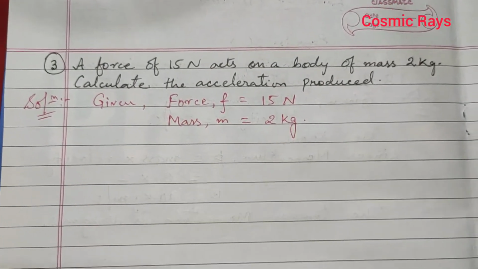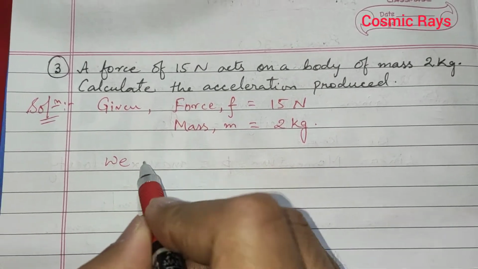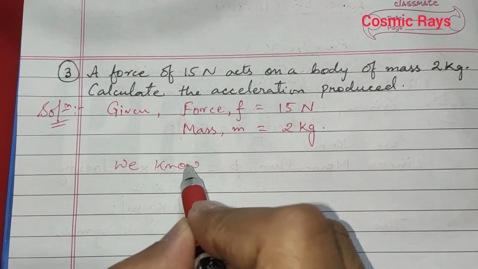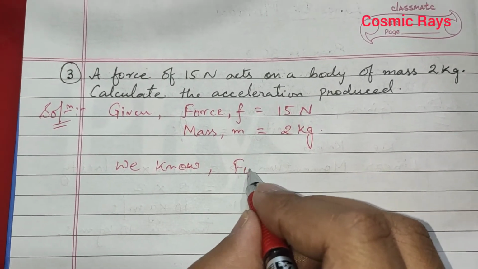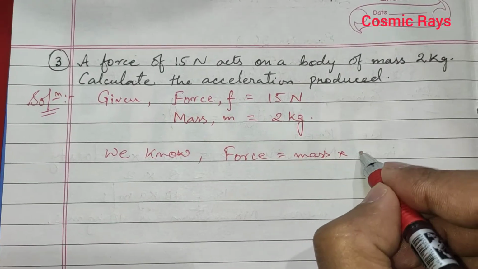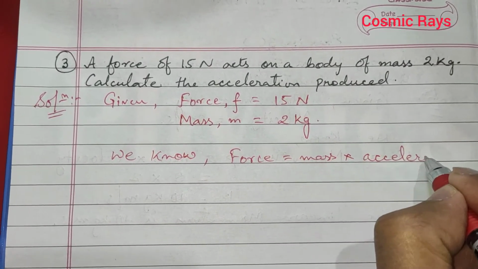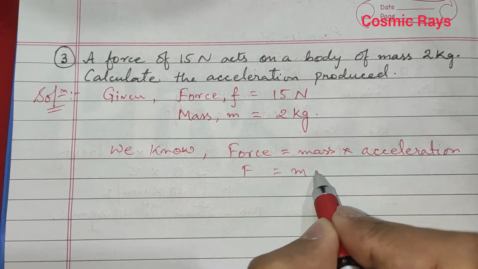We know that the equation which relates force, mass and acceleration is the second law, which states force is equal to mass multiplied by acceleration. Or we write F is equal to ma.